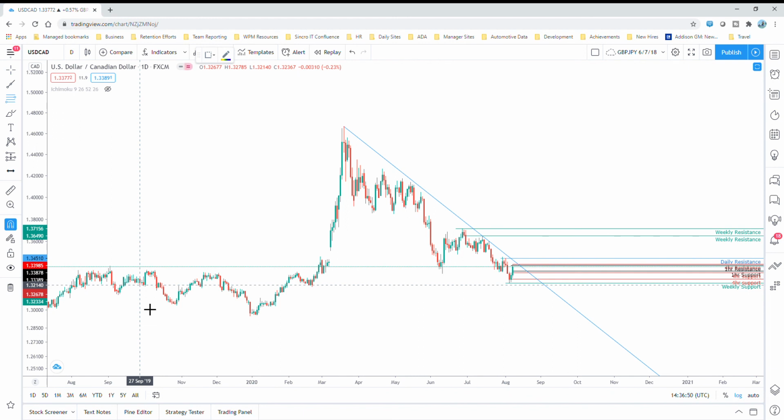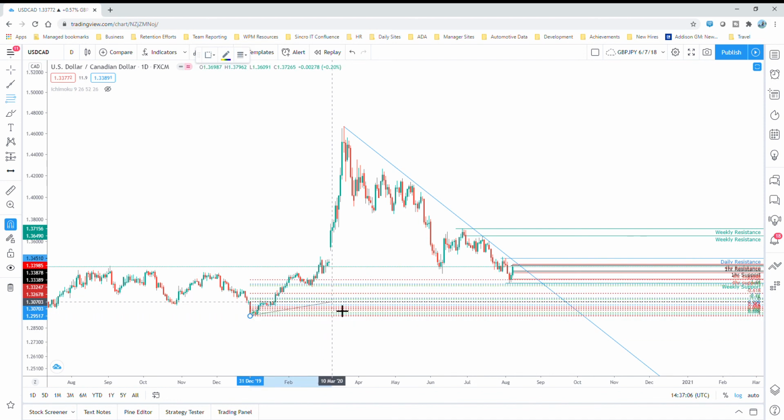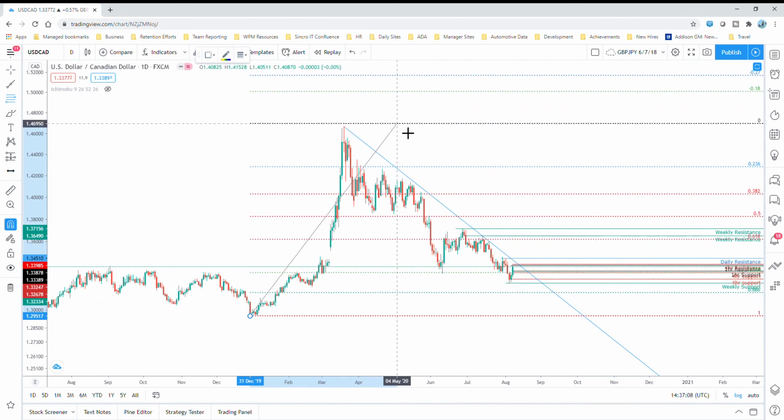So we want to look at this from that perspective as well, and we'll draw that for kind of an end destination on the daily time frame. And then we can play with the Elliott waves as we make our entries and exits on the lower time frame. So we'll go from the swing low to the swing high.